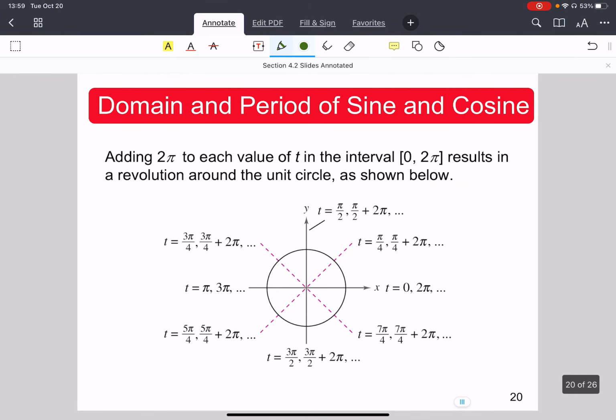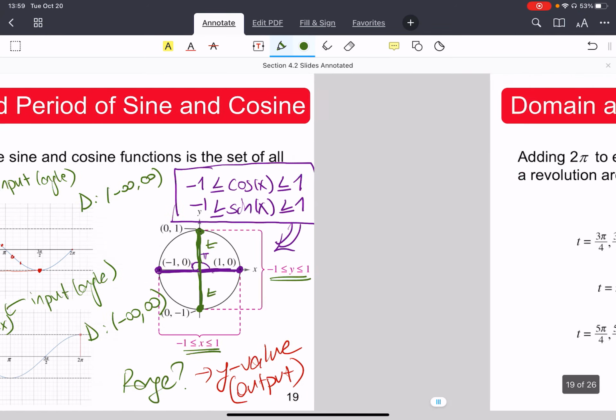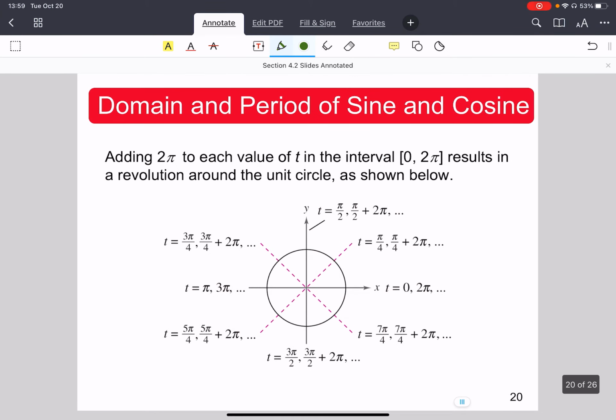All right, so next thing we're going to do is, I told you this idea of rotating around angles. You remember one full rotation is always 2 pi. But what if you continue doing the same thing? What if you do one rotation and then do another rotation?